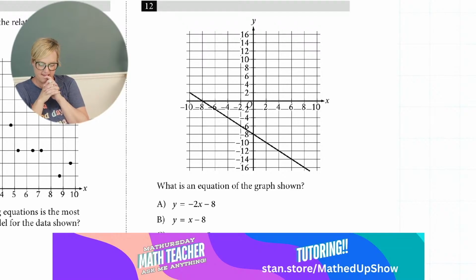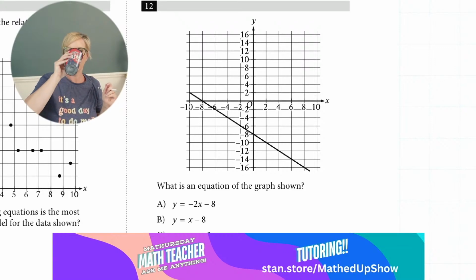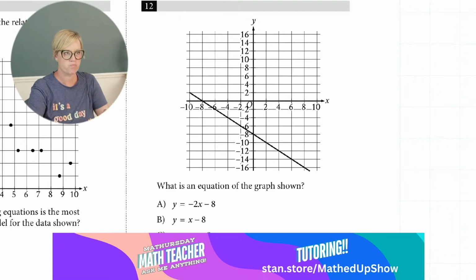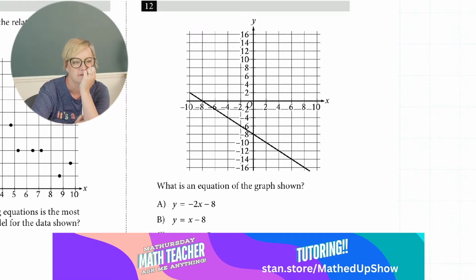I see C, I see A. Ooh, seeing lots of B's, A's, and C's.